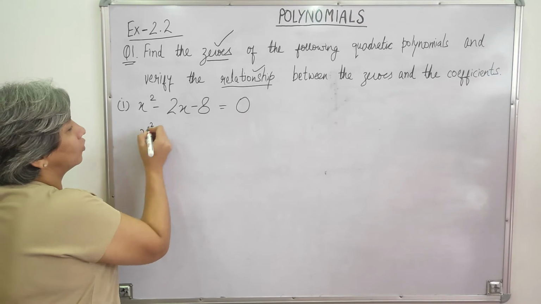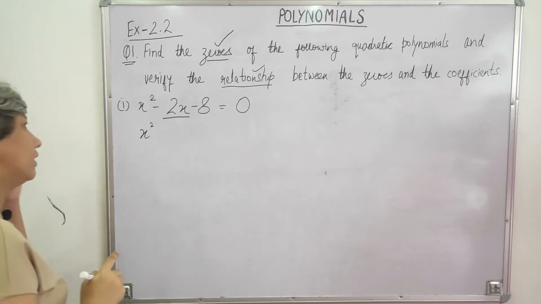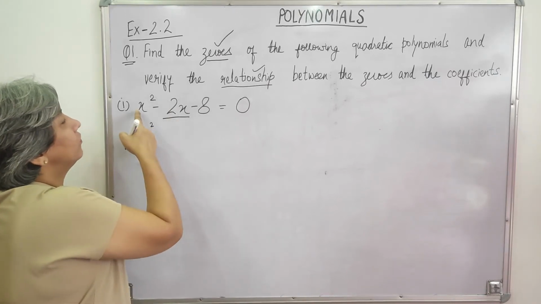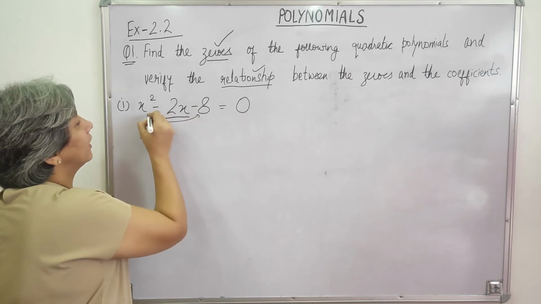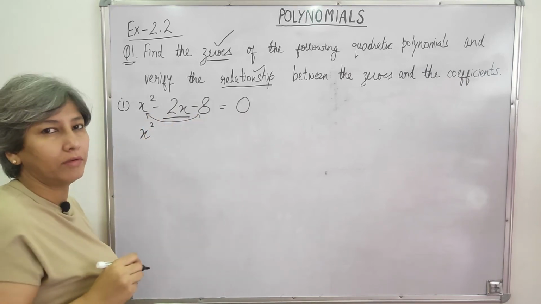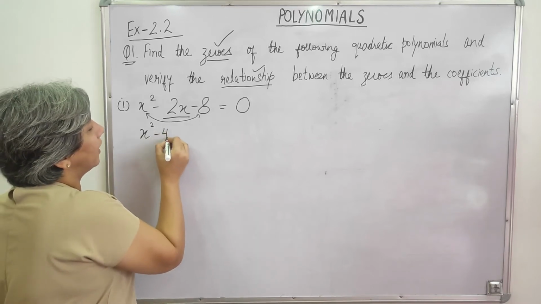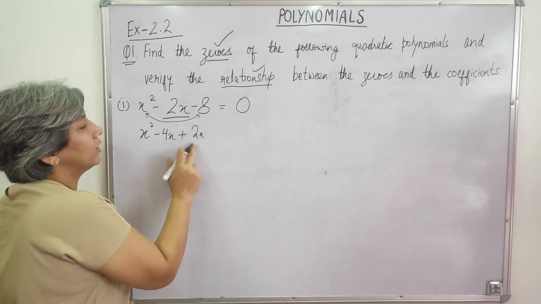Here the middle term is 2x and we have to split it in such a way that the product will be the first and the third term, that is minus 8x square, right? So what we can do is minus 4x plus 2x.